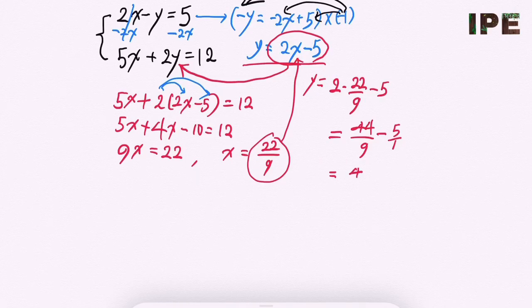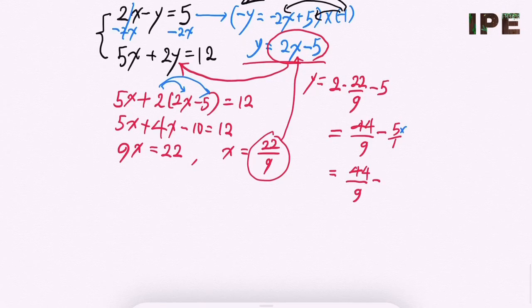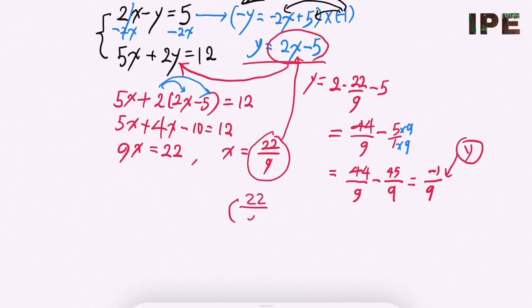So I need 44 over 9 minus 5 times 9 over 9, which is 45 over 9. So the y value is what? 44 minus 45, which is negative 1, so negative 1 over 9. So your final answer, usually we use ordered pair form. So x comma y, so 22 over 9 comma negative 1 over 9.